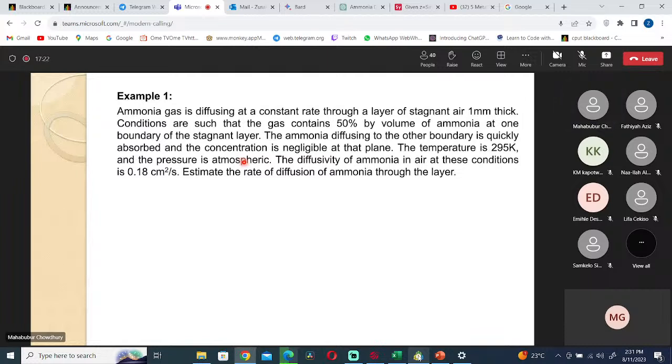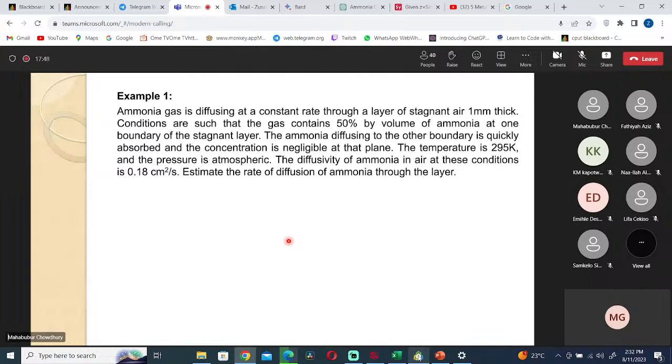So how do we now go and solve a problem like this? First things first, what do you have? We have ammonia diffusing at a constant rate through a layer of stagnant air, which is 1 millimeter thick. The ammonia diffusing to the other boundary is quickly absorbed, and the concentration is negligible at that plane.